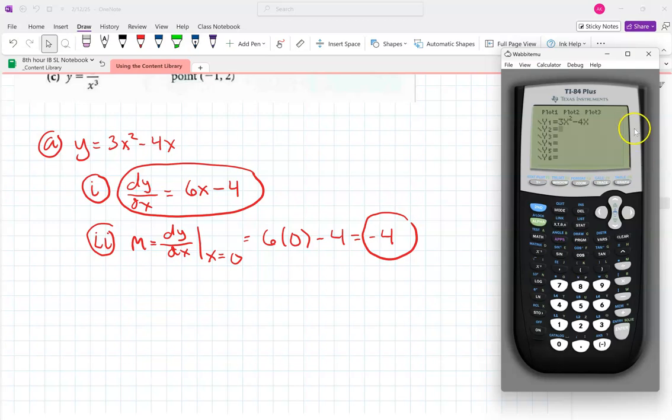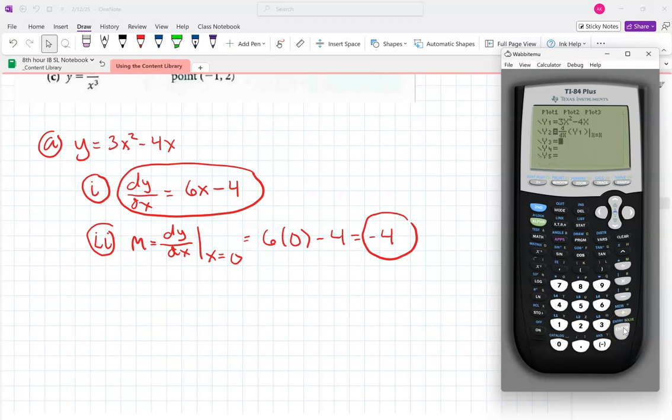And then I'm going to ask the calculator to graph the derivative of this function. To do that, I'm going to press math, go to nDeriv. I'm going to do d/dx of the function in y1. So I'm going to put a y1 here: vars, Y-vars, function, y1. And then I'm going to do x equals x.